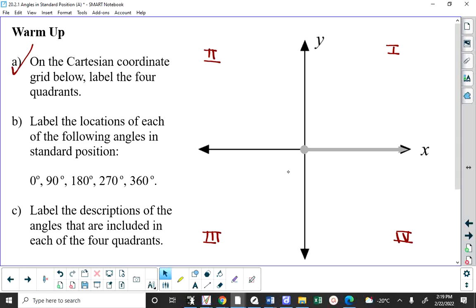We rotate it 0 degrees. So this is what 0 degrees looks like. How do we indicate that? We put over here that this is 0 degrees.